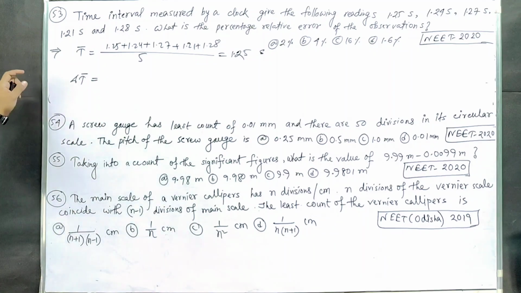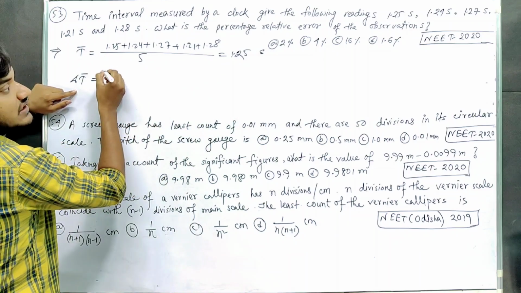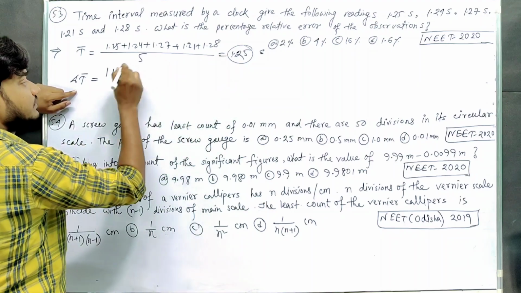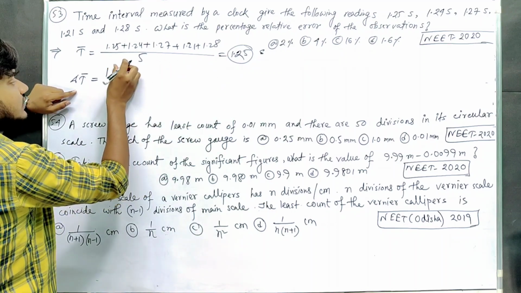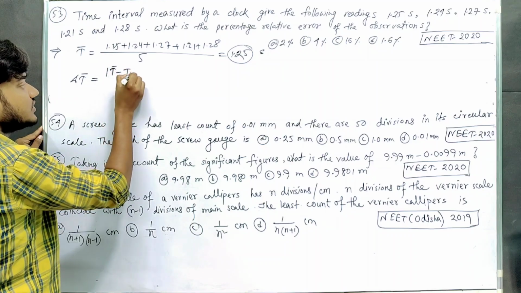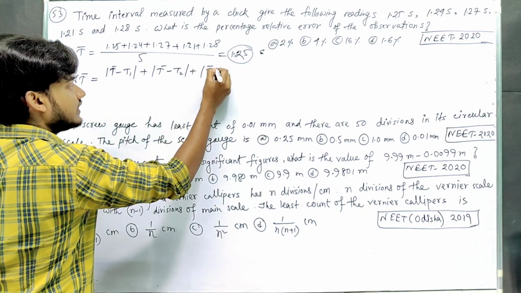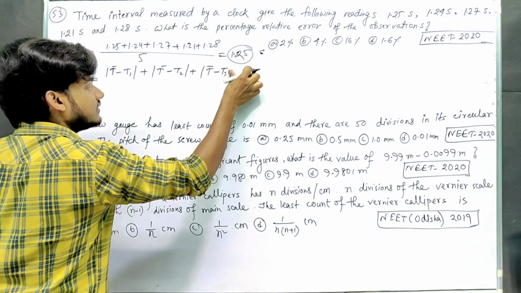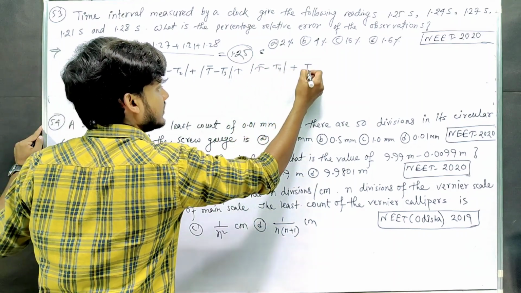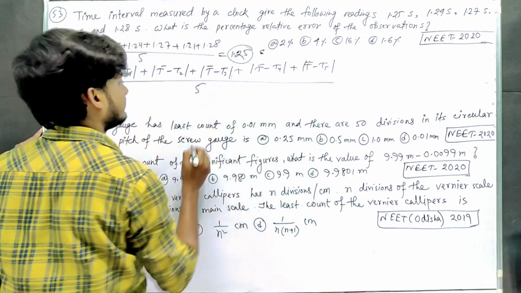Now calculate the mean absolute error, delta T dash. How to find it? This is T dash. I am writing the formula so you can understand easily: mod of T dash minus T1, plus mod of T dash minus T2, plus T dash minus T3, T dash minus T4, T dash minus T5, all divided by 5.